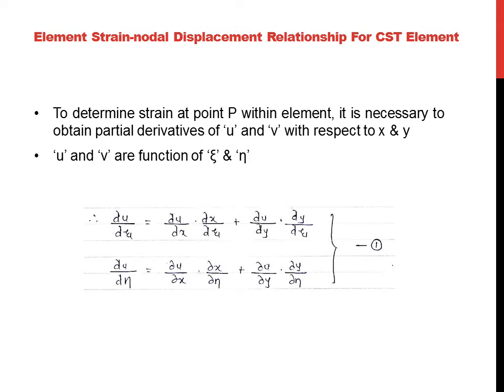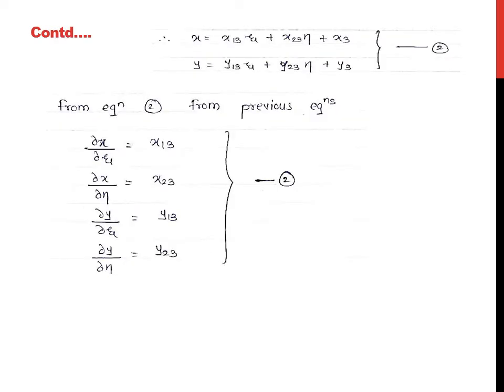Next, at node 2, u2 and v2 are the displacements in the x and y directions respectively, while the coordinates are x2 and y2 for the second node, and for the third node u3 and v3 are the displacements in the x and y directions respectively, and the coordinates are x3 and y3. While in figure B, the natural coordinate system for the CST element, at node 1 the natural coordinates are 1 and 0, which represent zeta and eta. At node 2, 0.